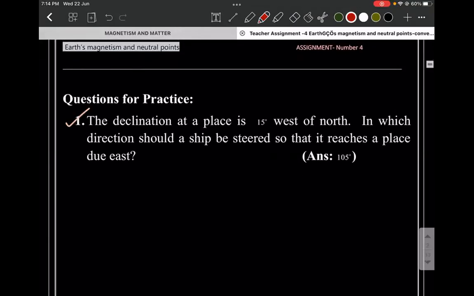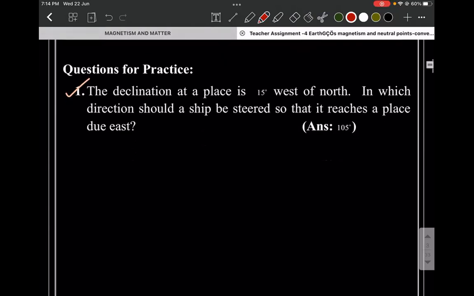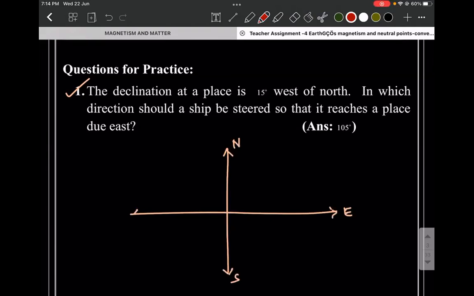The declination at a place is 15 degrees west of north. If I take a diagram with north, south, east, west, the declination is 15 degrees west of north, means from north I have turned towards west through an angle of 15 degrees. In which direction should a ship be steered so that it reaches the place due east?